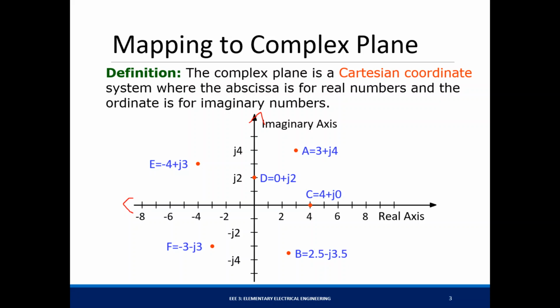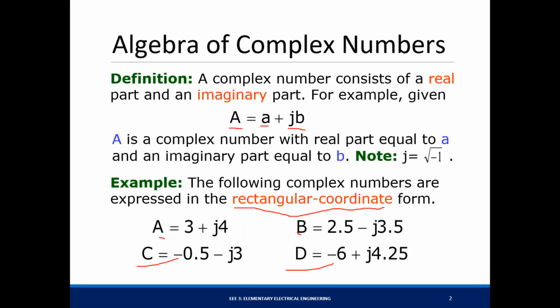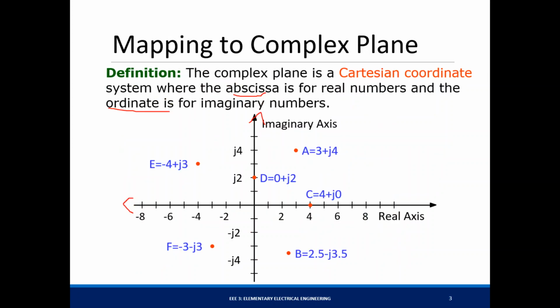So the complex plane is kind of like a Cartesian coordinate system, where the abscissa or the x component is for real numbers and the ordinate or the y coordinate is for imaginary numbers. So for example, for the A, B, C, and D given earlier, we can plot them on the complex plane.